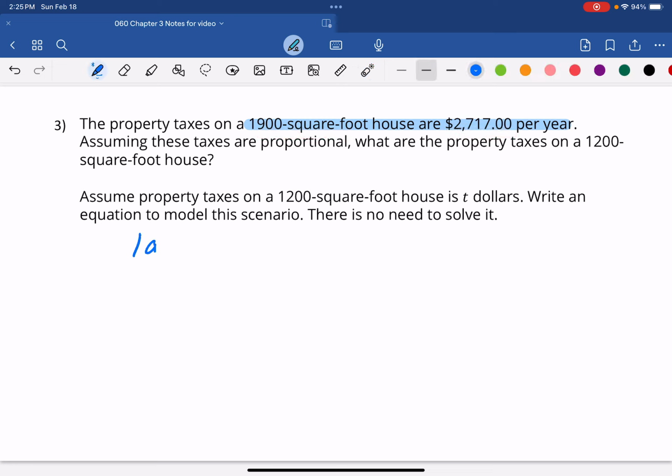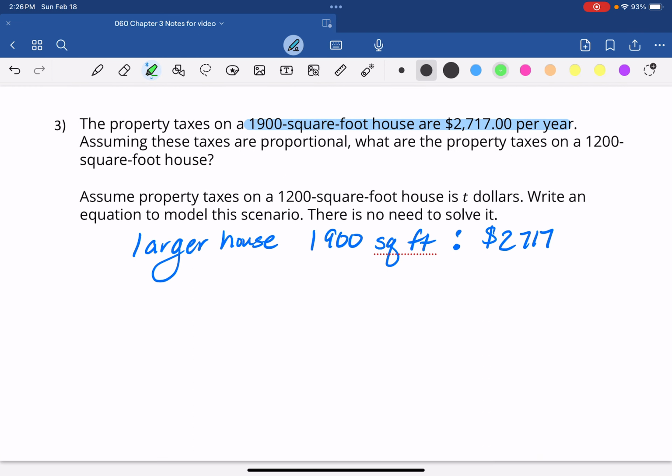And this is the larger house. It's going to have 1,900 square feet to $2,717. And then I have a smaller house.